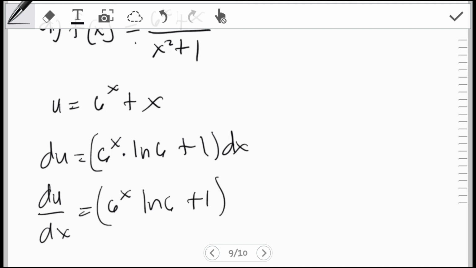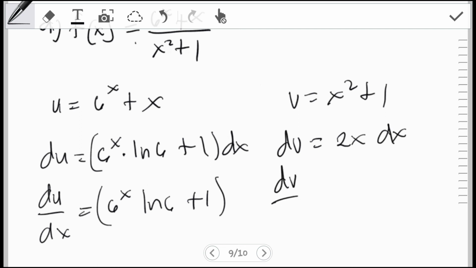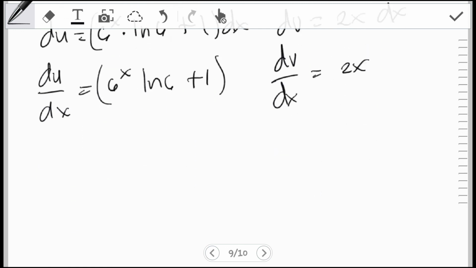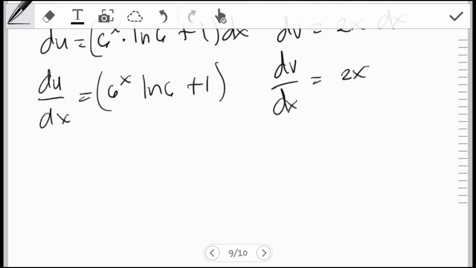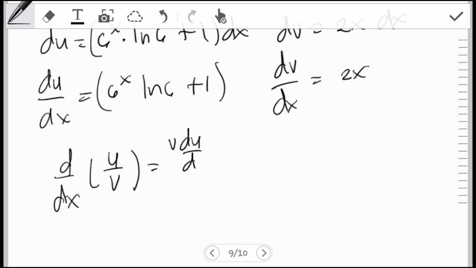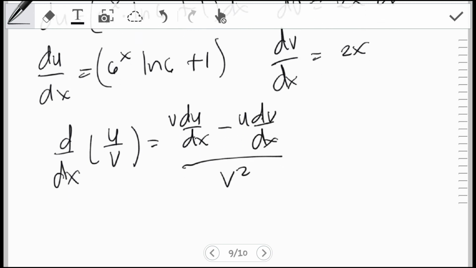Okay. So where v here is equals to x squared plus 1, where dv here is equals to 2x dx, then where dv over dx is equals to 2x. So by applying this formula, d over dx of u over v is equals to v du over dx minus u dv over dx, over v squared.